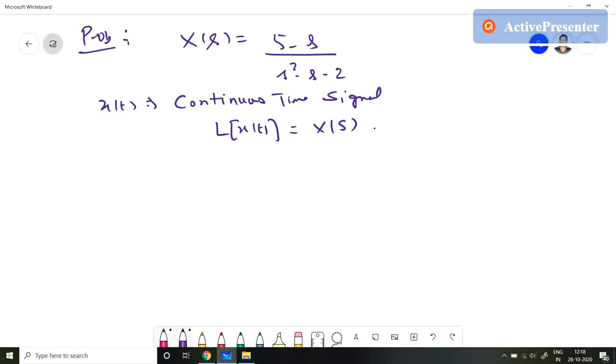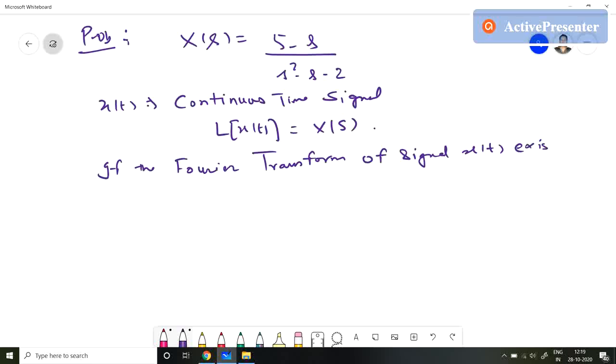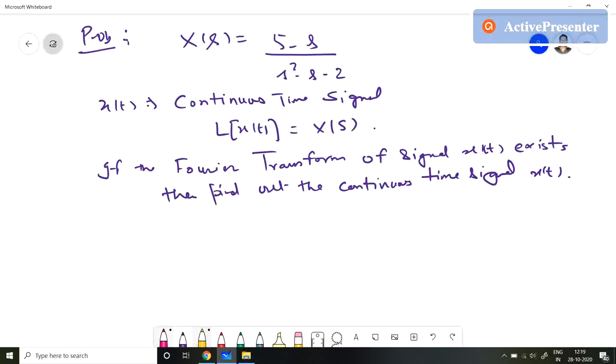Then the problem is, if the Fourier transform of signal x(t) exists, then find out the continuous time signal x(t).